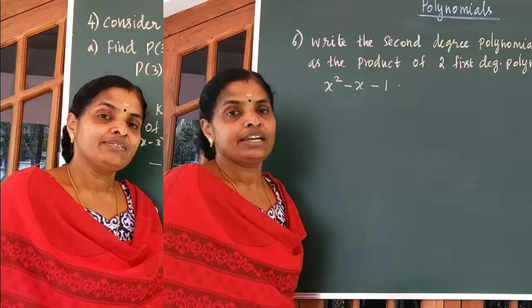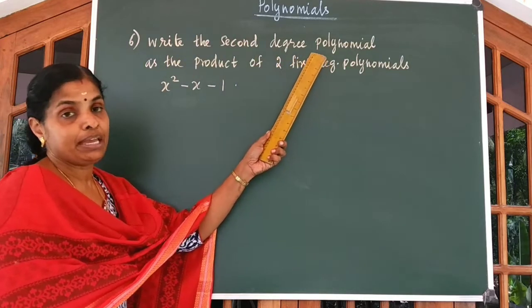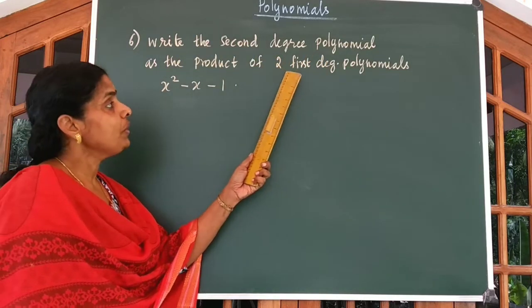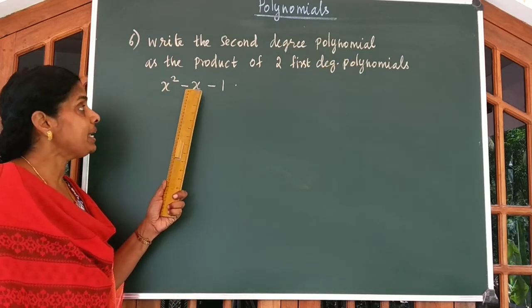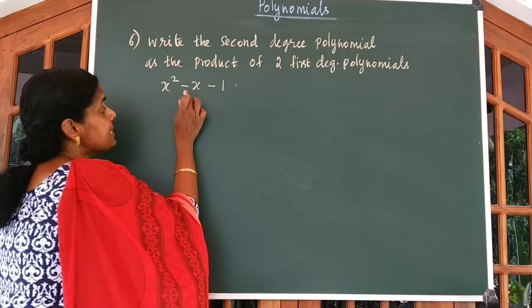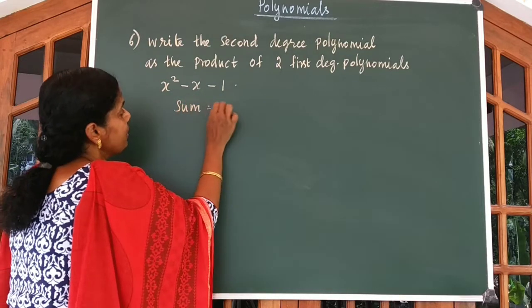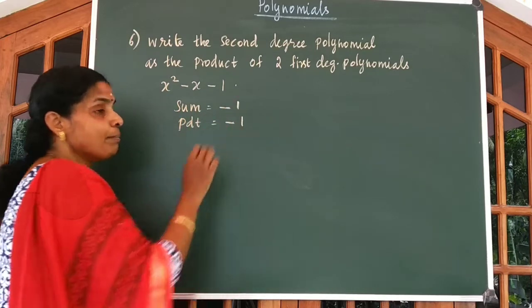Okay children, now look at this question. Write the second degree polynomial as the product of two first degree polynomials. Here you are given x square minus x minus 1. From this, what did you understand? The sum of the two numbers is going to be minus 1 and product is also equal to minus 1.